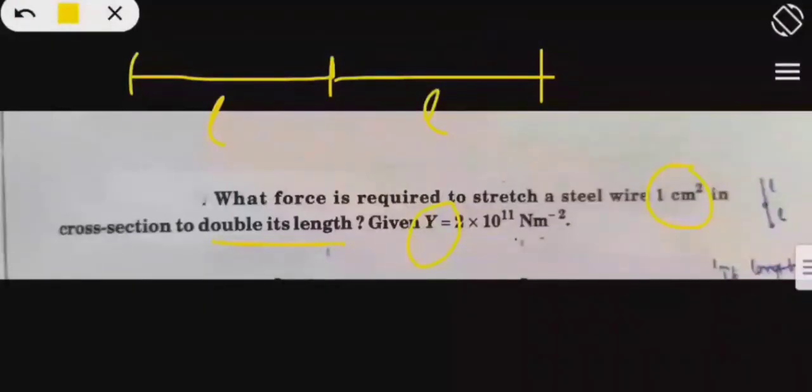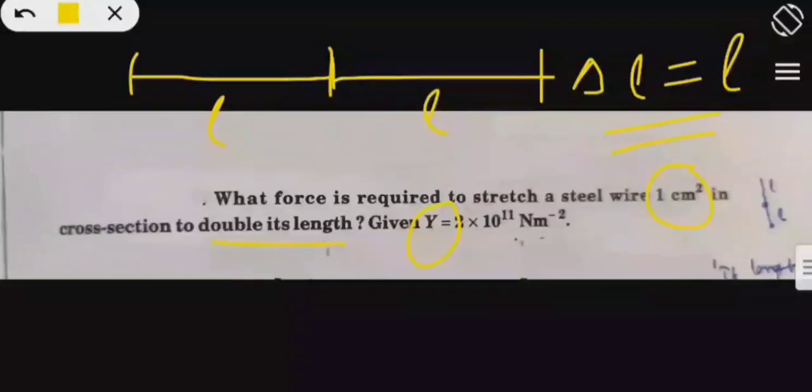So if we double the length, then the elongated length will be the same as your previous length. So what will be our delta L? Delta L equal to L. All of you draw the diagram and write this down.